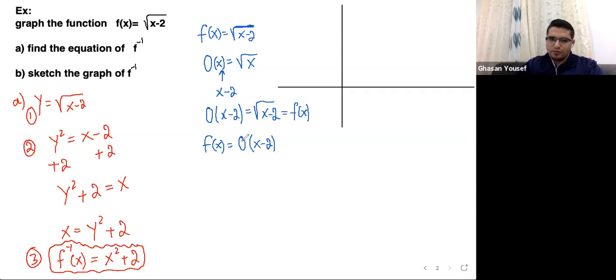Then what do we have to do? We have to shift 2 units, because the 2 here is inside the parentheses. This is like review of section 2.6. Because the 2 is inside the parentheses, this means we have to shift the original function g of x 2 units to where? Up or down? Left or right?